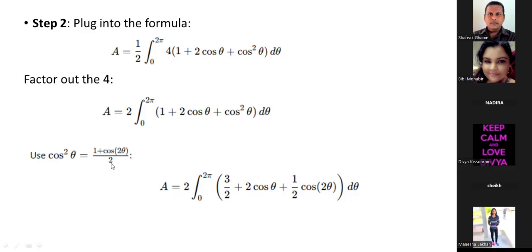So it becomes 1 plus 2 cos theta plus 1 plus cos 2 theta over 2. Basically, where you see cos squared theta, we put in this identity here.